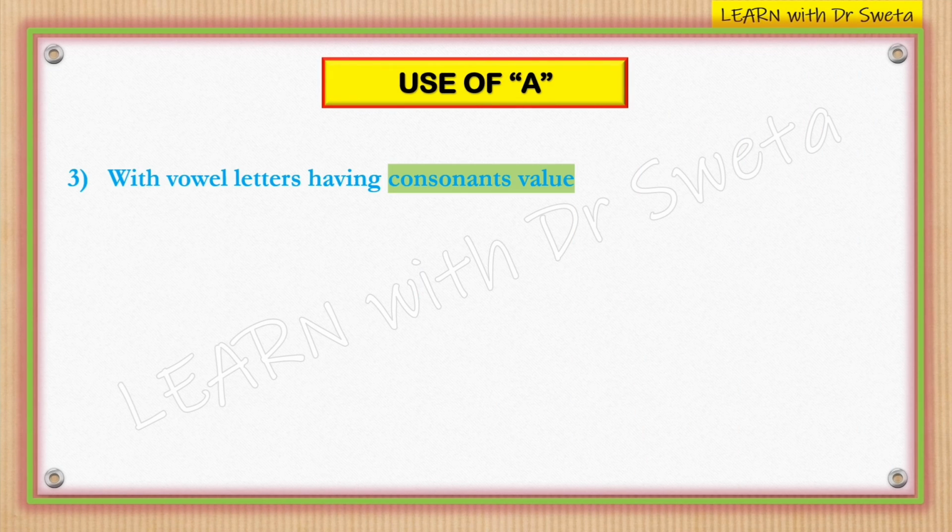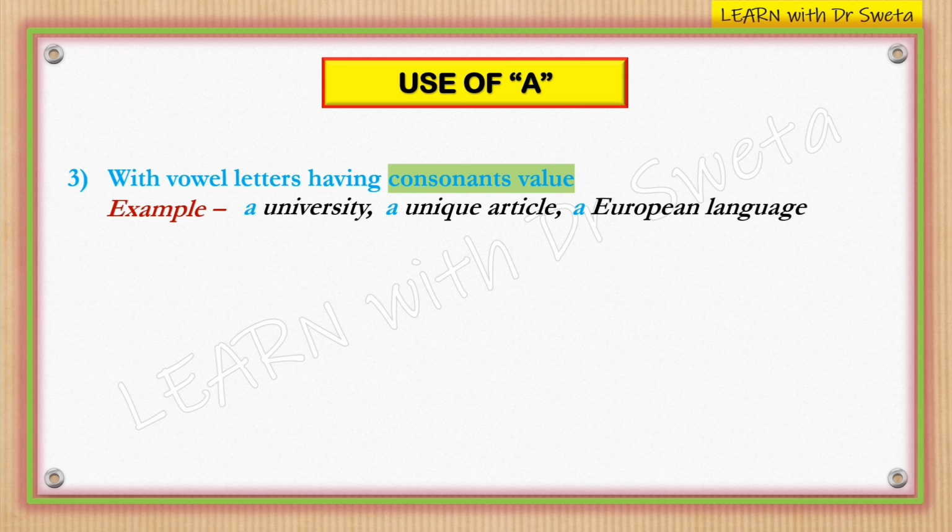Next is with vowel letters having consonant value. So, there are some words that start with a vowel letter like U or E that have a consonant sound when pronounced. In these cases, we use a. For example, a university, a unique article, a European language.